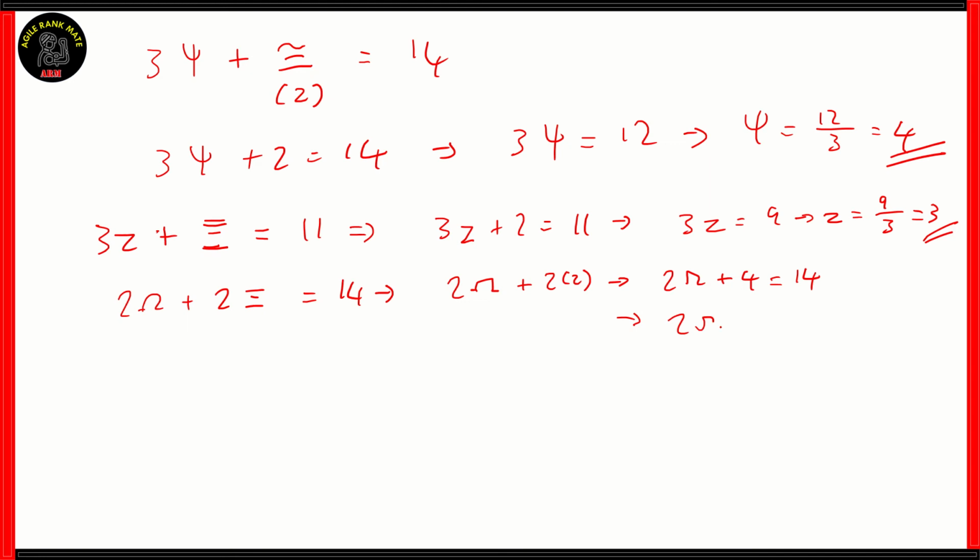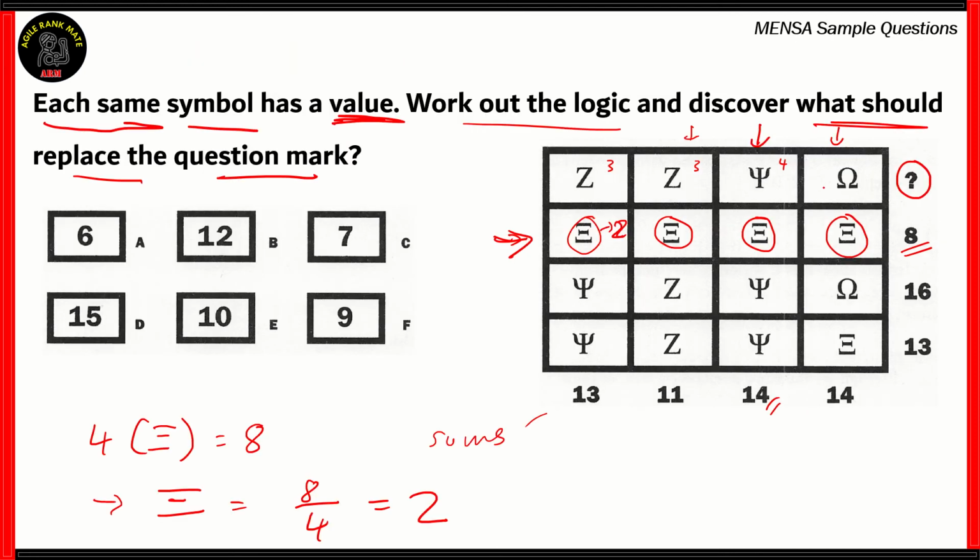So 2 omega is equal to 10, which means the value of omega is 10 over 2, which is equal to 5. So now we know the value of omega as 5. So both z's are 3, the trident is 4, omega is 5.